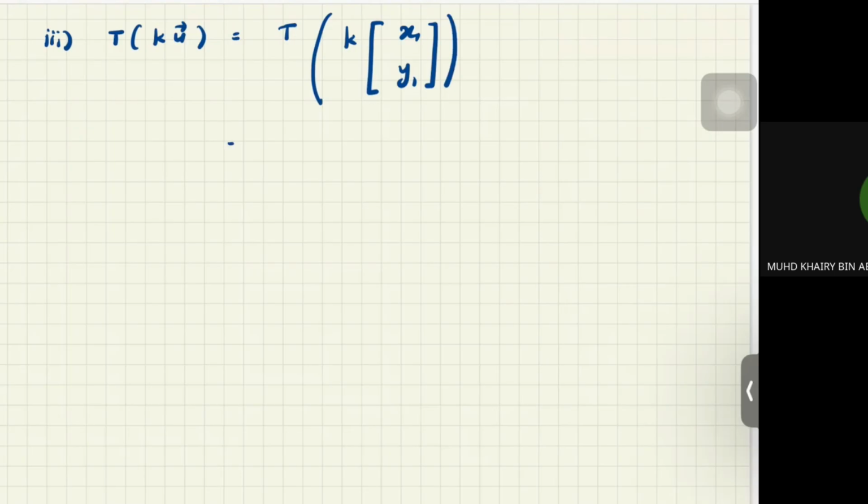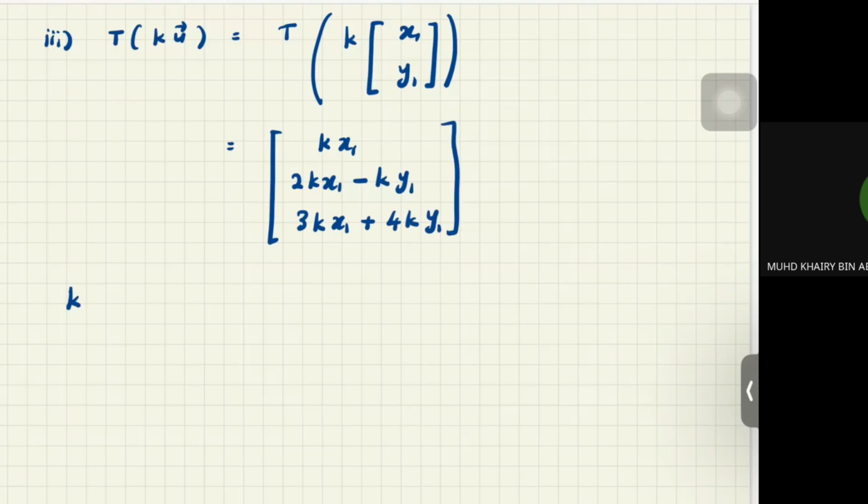Let's move to the third condition, which is the scalar multiplication. T(ku) is equal to T of k times u, where u is (x1, y1). So this is (kx1, 2kx1 minus ky1, 3kx1 plus 4ky1).